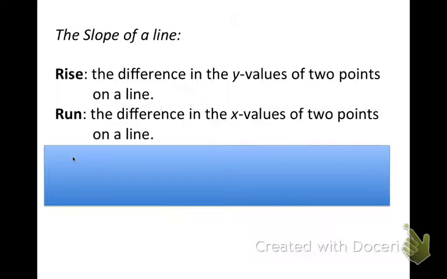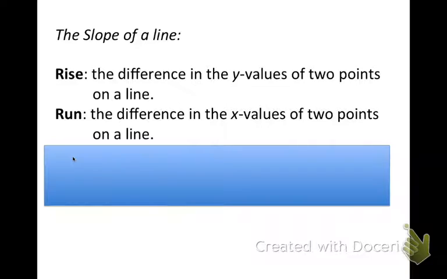And the run is the difference in the x values of 2 points on a line. Difference means we're doing what operation? Subtraction, right? Okay.